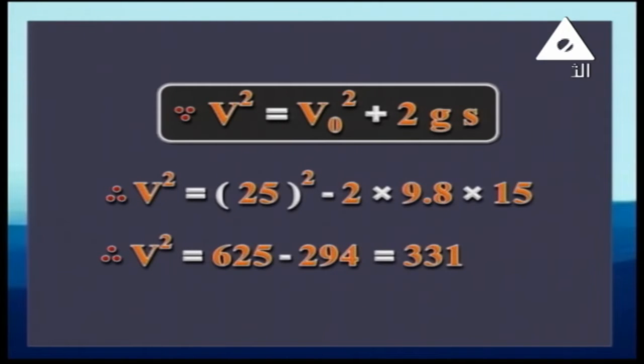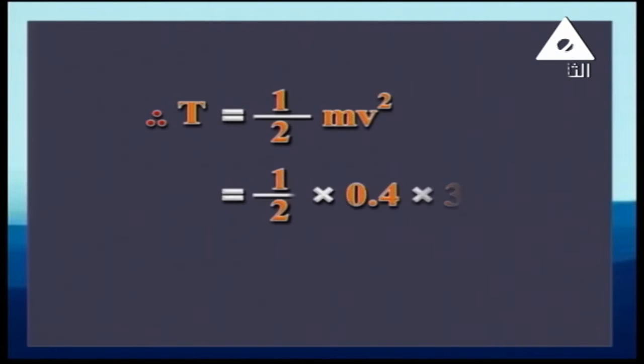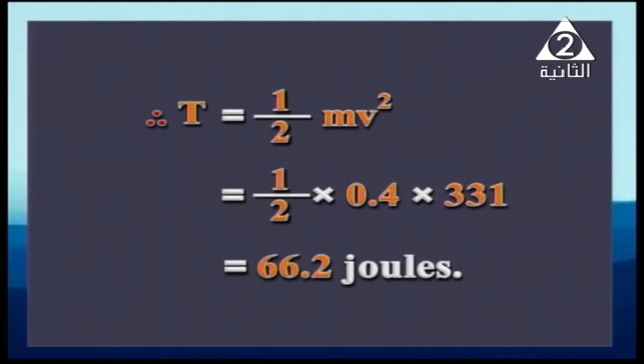My dear student, we know that the kinetic energy T equals half mv squared. Then T equals half times 0.4 times 331, which is 66.2. This is the kinetic energy. Another example.